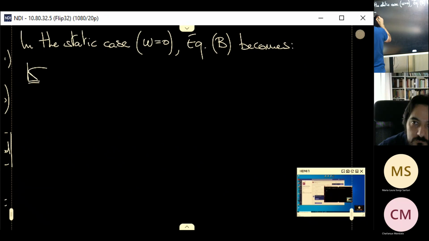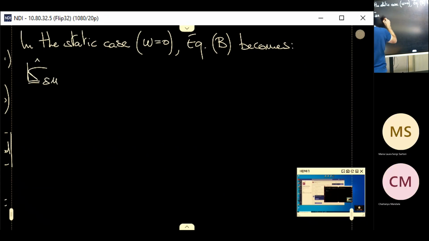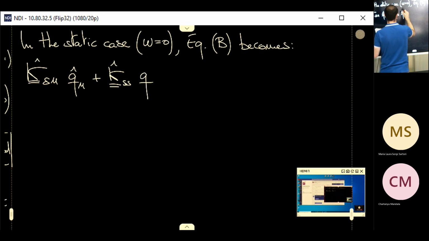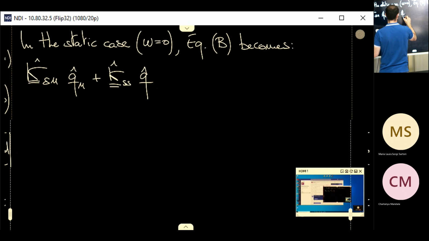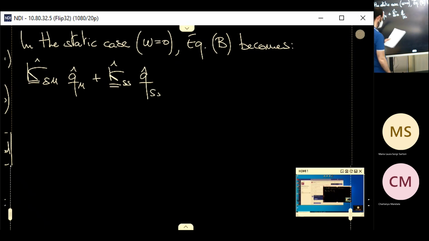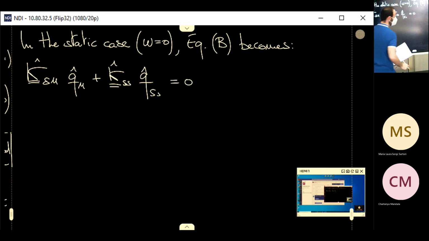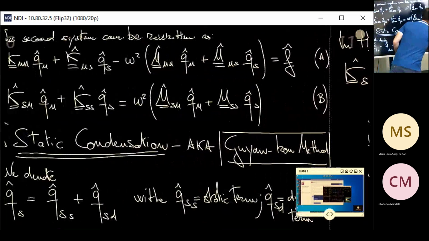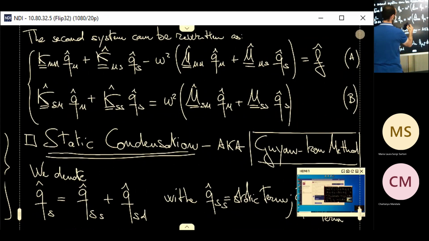K_SM Q_M, okay, which is the master part of our coordinates, plus K_SS times Q_SS, no? Only the static part, equal to 0. Okay. In fact, what I did was only to rewrite equation B, basically eliminating this part.